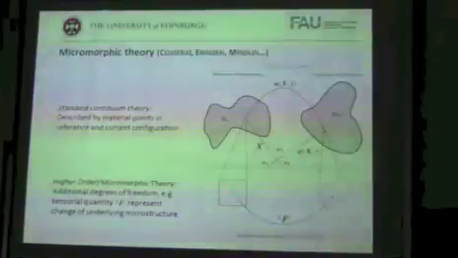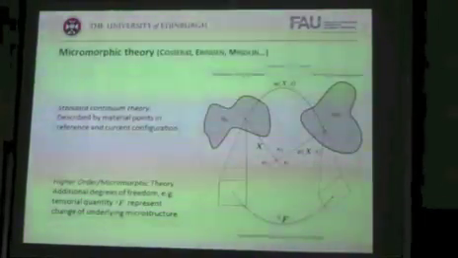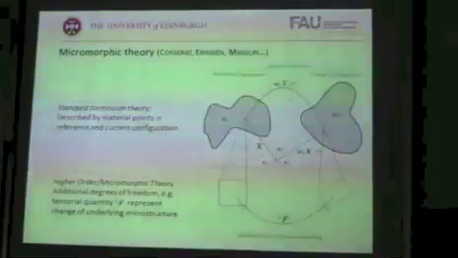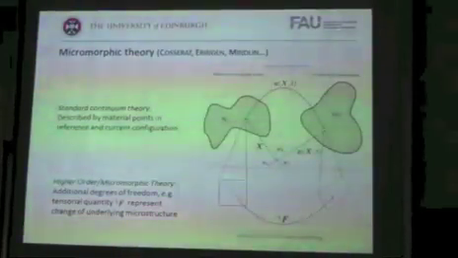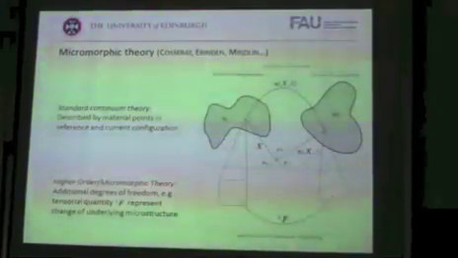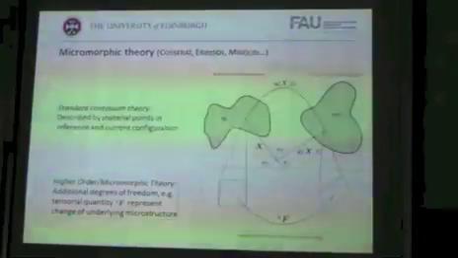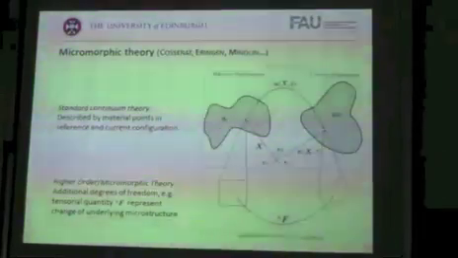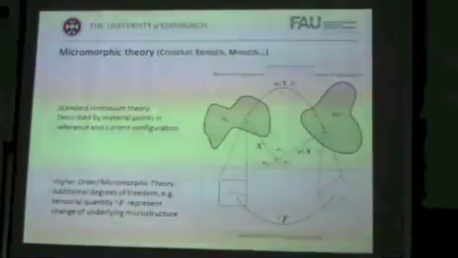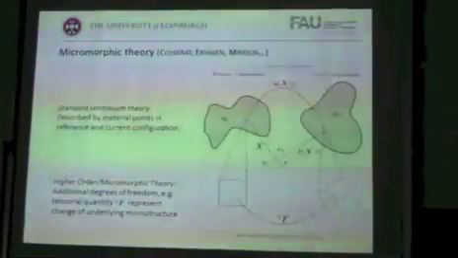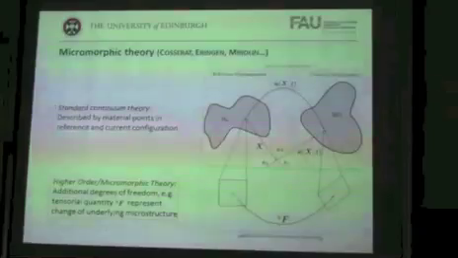So you all probably know the micromorphic theory, where the idea is to enrich the standard continuum theory by additional degrees of freedom. The micromorphic theory adds a tensor quantity, a micro deformation, which can represent the change of the underlying microstructure.